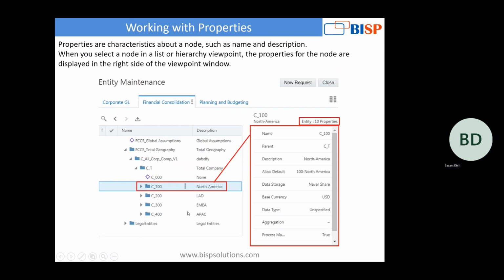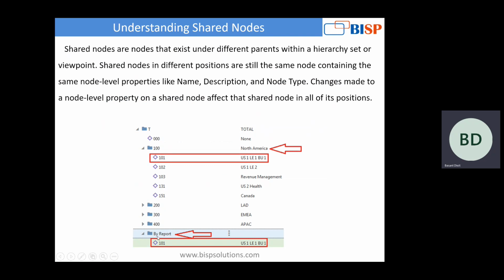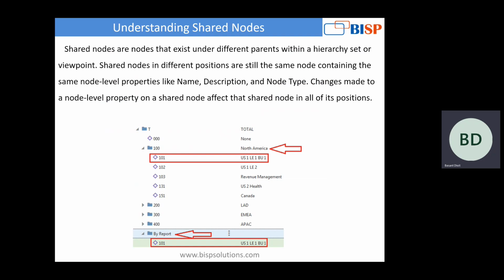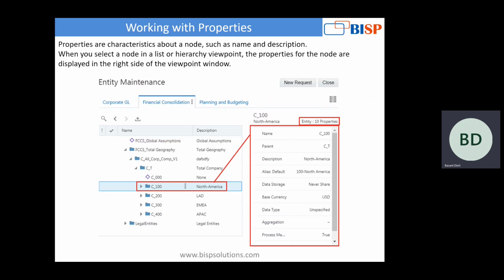So I want 101 to come in as a shared member, or, in the vocabulary of EDMCS, a shared node. This is a feature we can also do. And one more thing, we have to enable it when we register an application, and then we have to create it also.